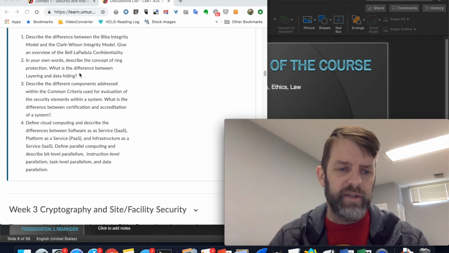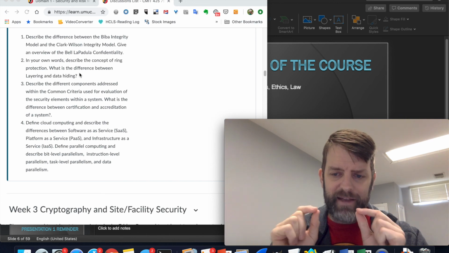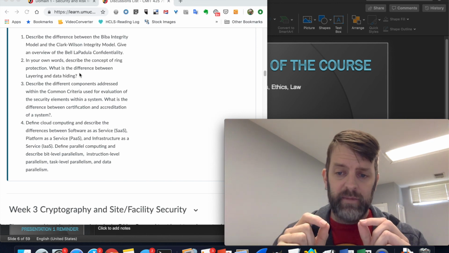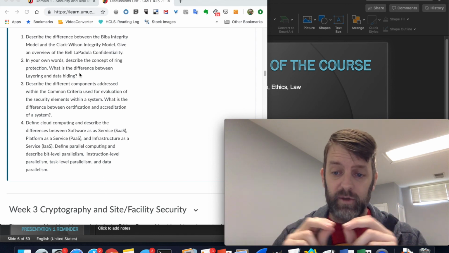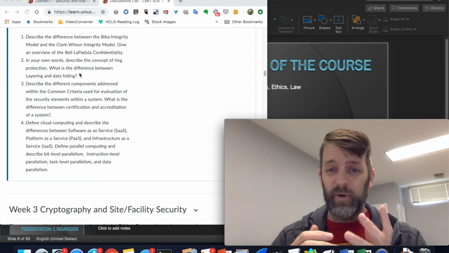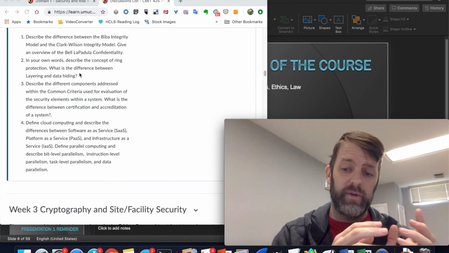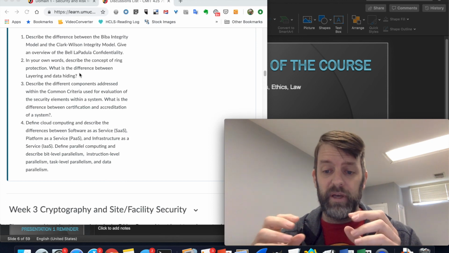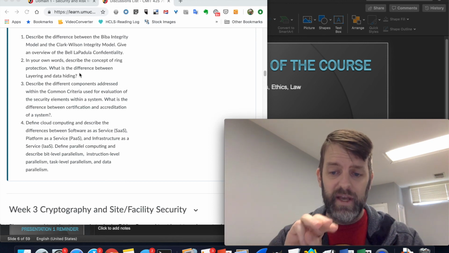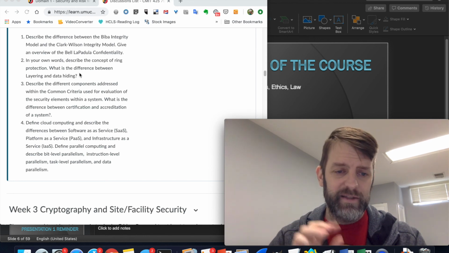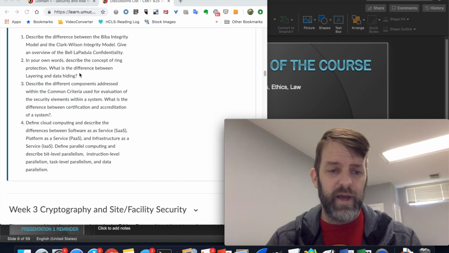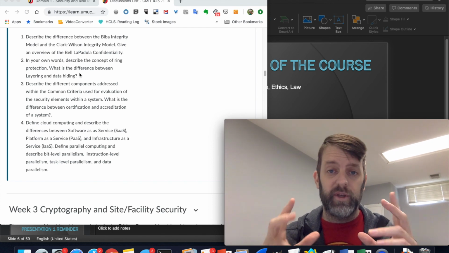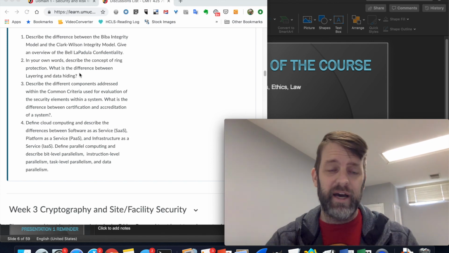So parallelism is just about tasks running all at the same time. Bit level parallelism is usually within a single processor, right? That's what we refer to when we talk about a 16-bit versus a 32-bit versus a 64-bit processor, is how many bits it processes simultaneously at the same time. Instruction level parallelism, this is where you have multiple instructions within one task that can run at the same time.